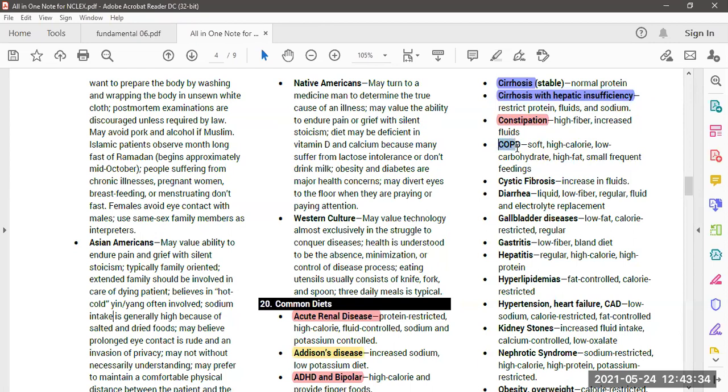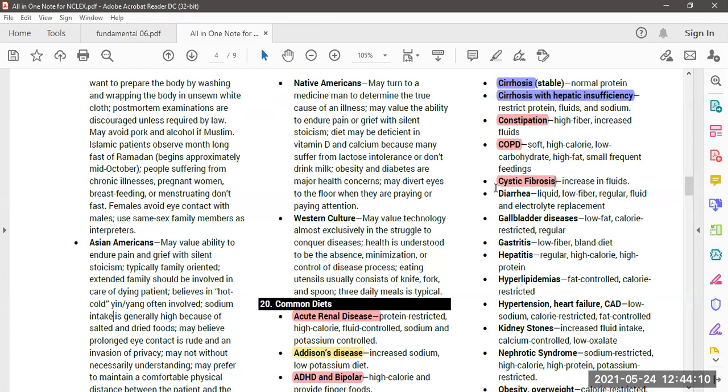In case of COPD, chronic obstructive pulmonary disease, soft, high calorie, but low carbohydrate, high fat, small and frequent feeding. Cystic fibrosis, lung, genetic defect in the lungs and endocrine system like pancreas, even the gastrointestinal tract.